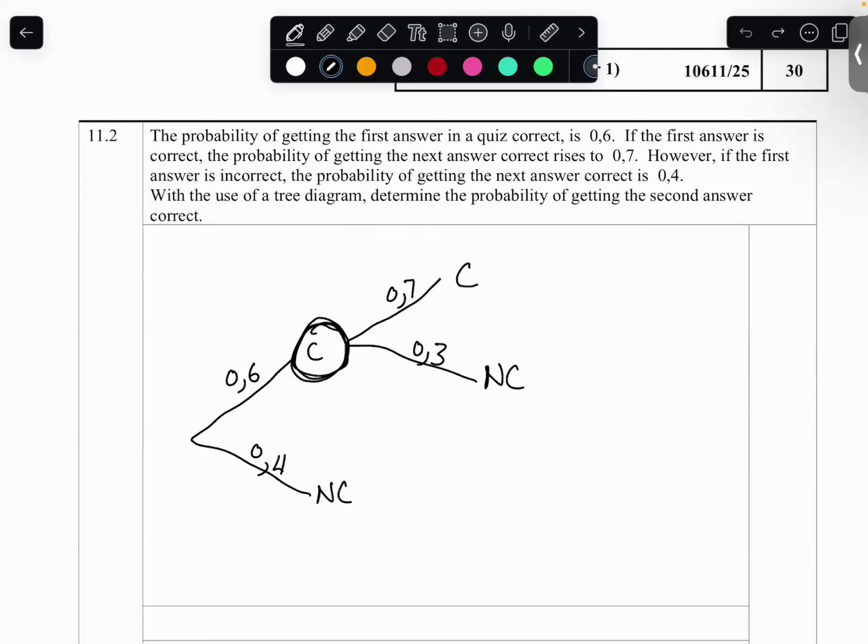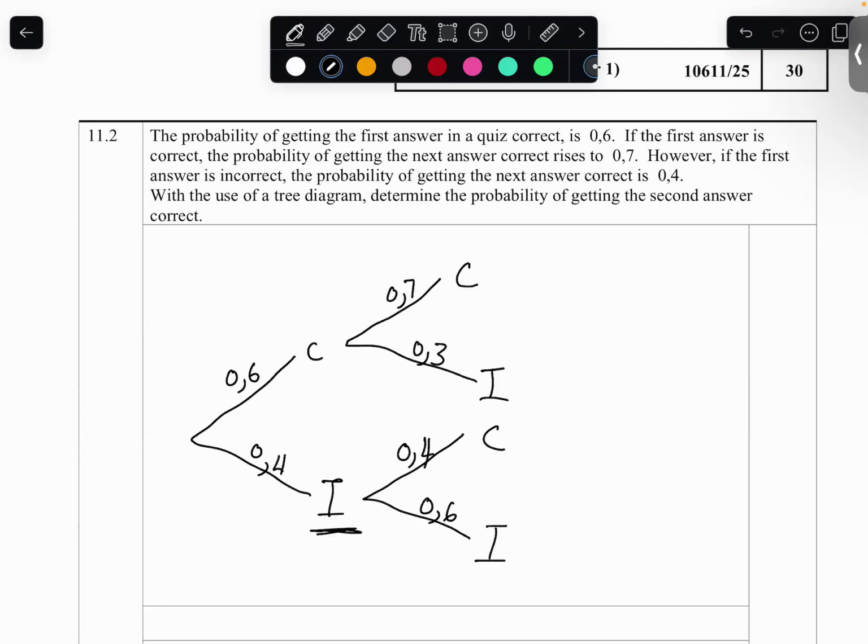And then it says, however, if the first answer is incorrect, let's change that to an I. If the first answer is incorrect, the probability of getting the next answer correct is 0.4, which makes this 0.6 for getting the next answer incorrect.